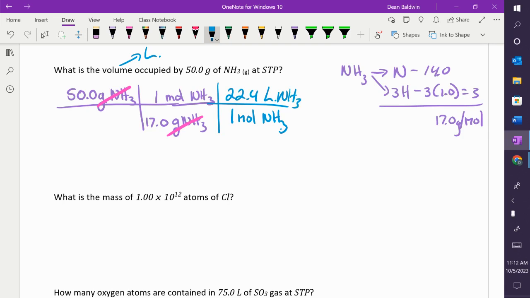So the moles cancel, and I'm left with liters of NH3. Is that the units that I want? That's what you also have to ask yourself. Is that the units I want? It is, because I want volume. So you multiply the top, you divide by the bottom, and you're going to tell me what you get for an answer, please.